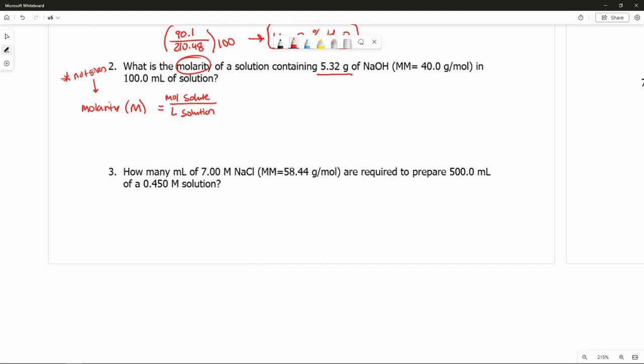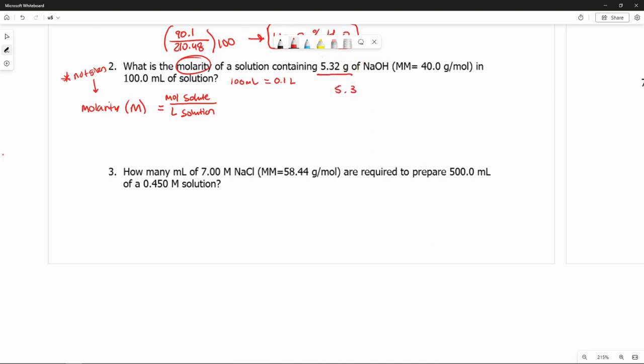All right, so let's take a look. In order to find our molarity, we need to find the moles of solute and the liters of solution. We're given milliliters, and we know that 100 milliliters equals 0.1 liter. So we have liters all covered. We just need to use dimensional analysis to convert grams of sodium hydroxide into moles of sodium hydroxide.